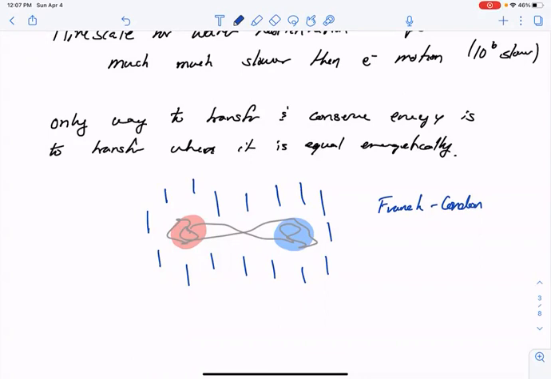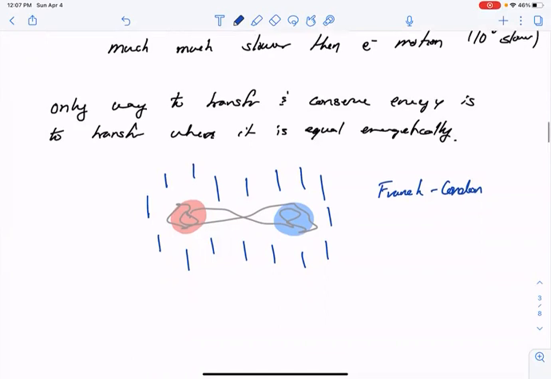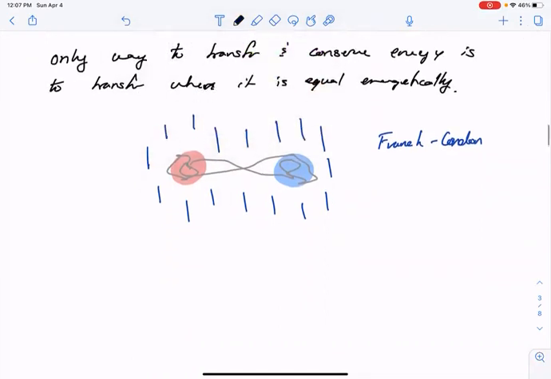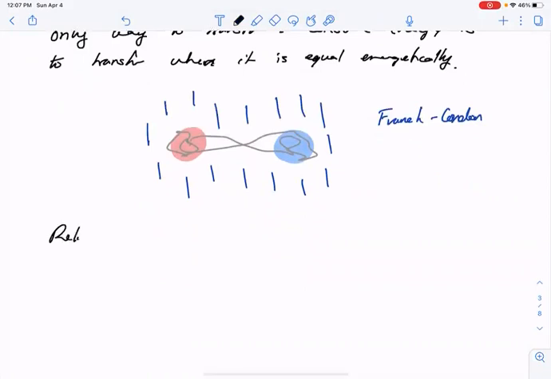So then Marcus's insight was to imagine that the relevant reaction coordinate, our Q variable, is the energy gap generated by the solvent, modulated by the solvent, between the electron being on the left or the right.